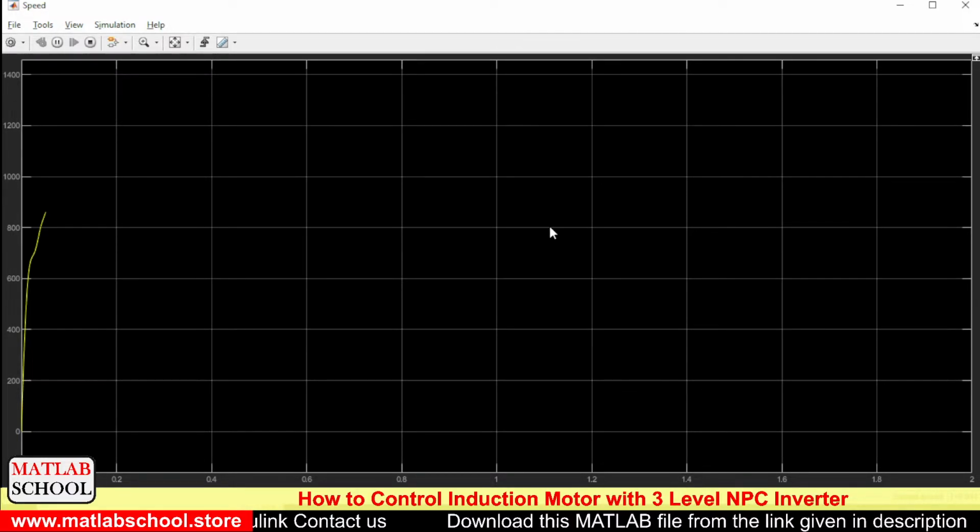The simulation has started. You see, it is running now. When the time is equal to 1 second, you can see the step. It will step to 1200 RPM.